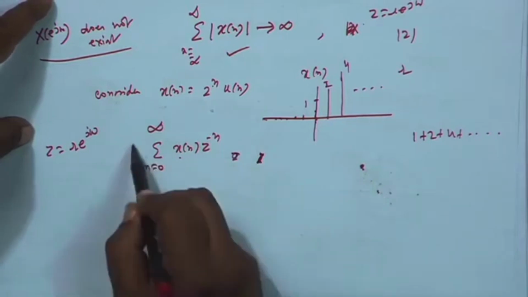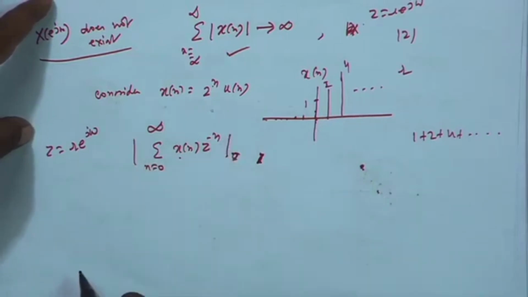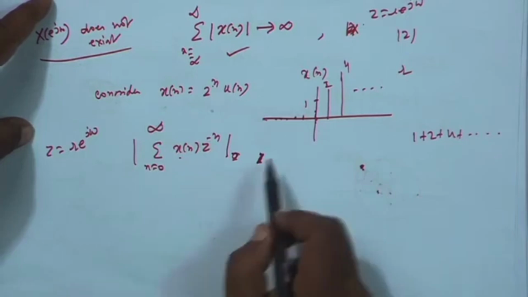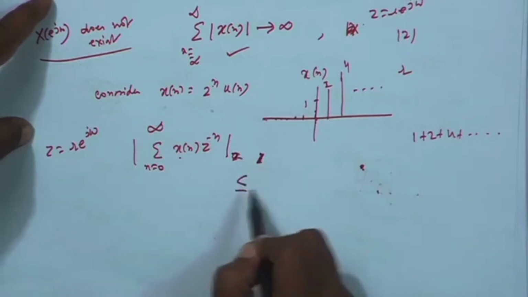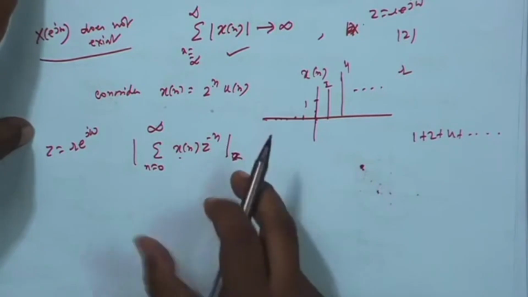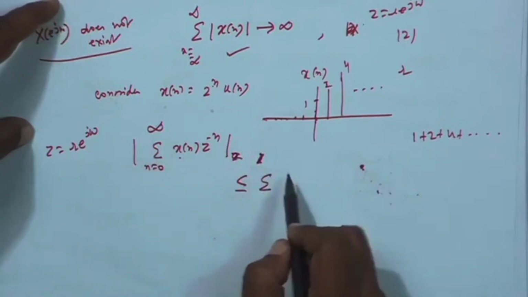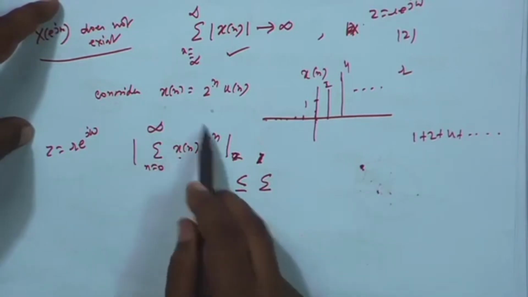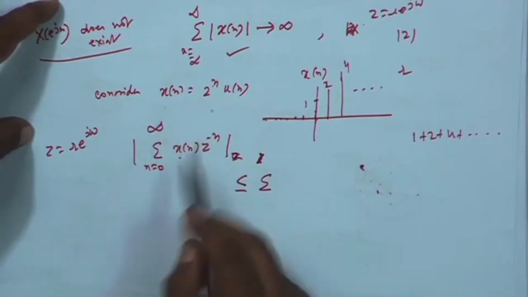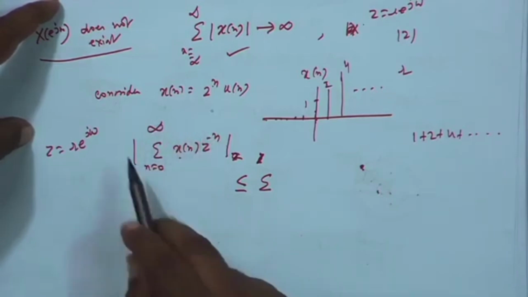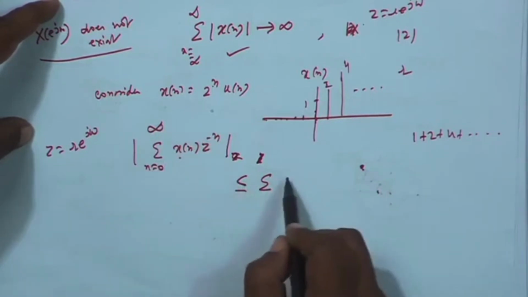This summation, its mod value, okay, as before, as I told you last time, by the triangle inequality it will be less than or equal to mod of a summation, and again by the triangle inequality, mod of a summation is less than or equal to summation of the mods.